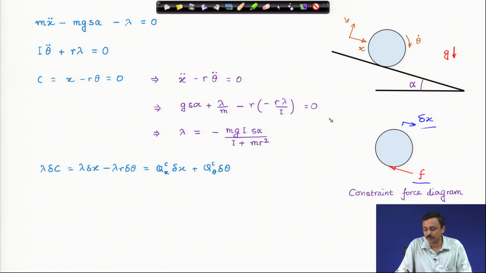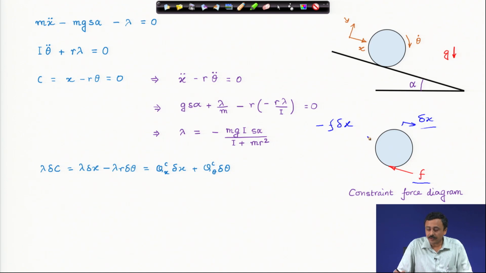Therefore, the work done must be minus F delta x, that dot product. Never lose track of work done as a dot product. This you have to remember, otherwise everything will go wrong. The work done by the constraint force when I give a variational displacement delta x is minus F delta x. That minus comes because of the dot product. Work done is a dot product between force and virtual displacement, that is virtual work.